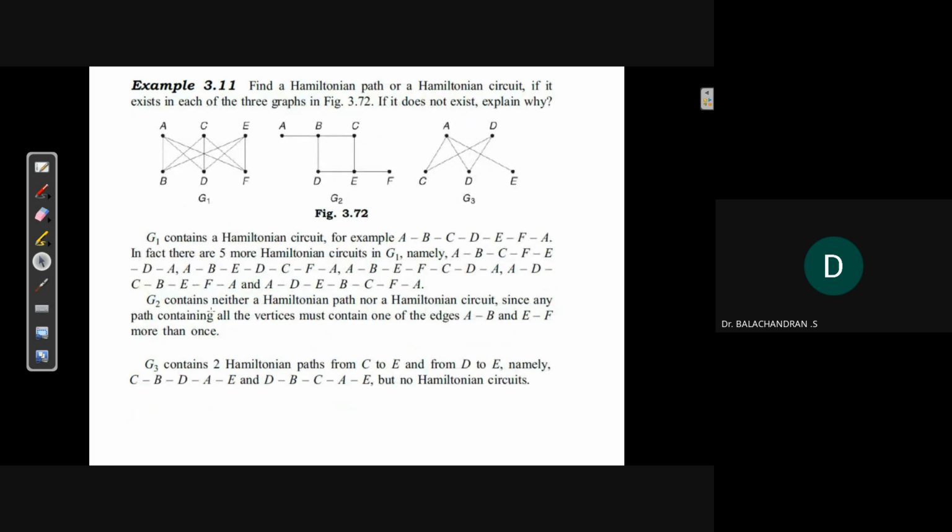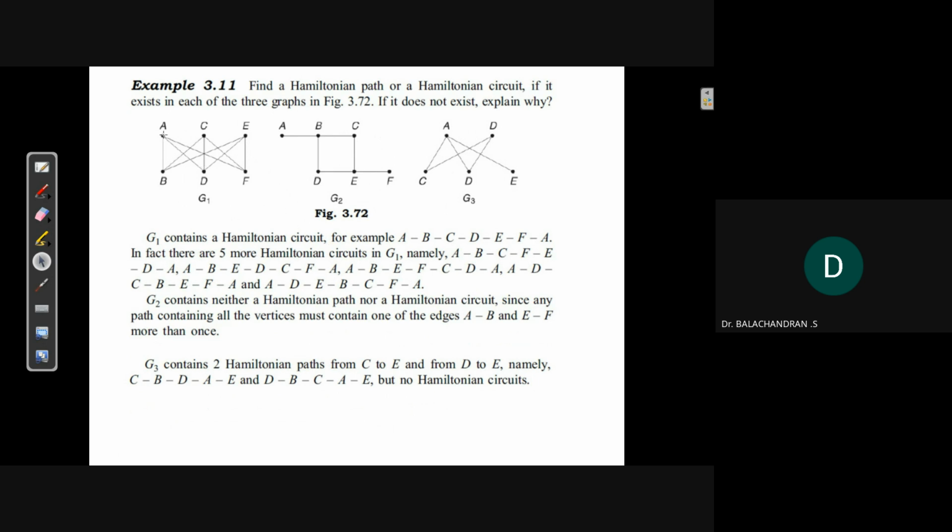Next problem. Find a Hamiltonian path or a Hamiltonian circuit, if it exists, in each of the 3 graphs shown in this figure. If it does not exist, explain why. So first graph. G1 contains a Hamiltonian circuit.